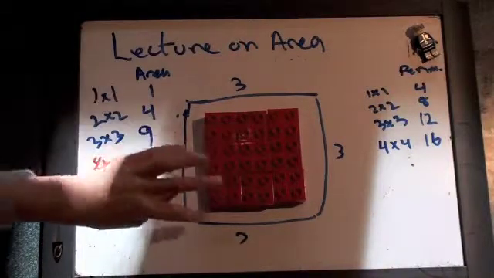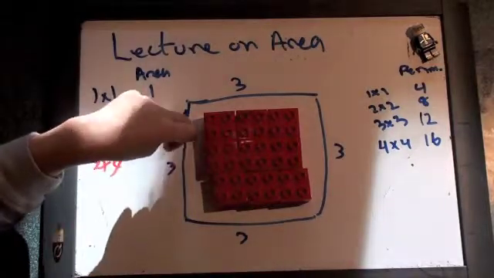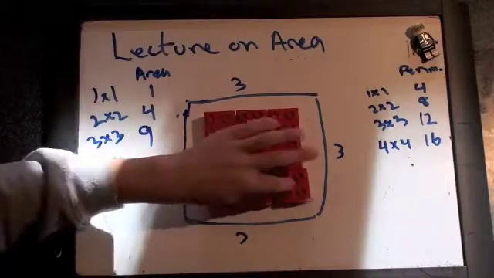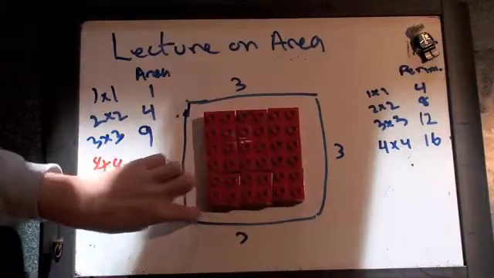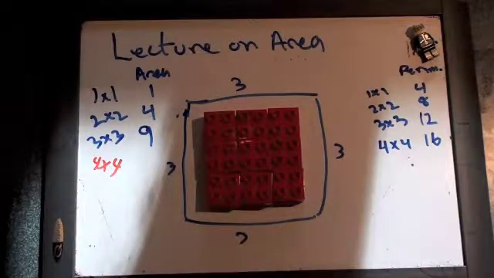So we're probably just going to add another row down there. No, we're going to go around the outside. Right. So that's going to take 1, 2, 3, 4, 7. It's going to take 7 more. So what do you think the area is going to be? 16. Okay, so let's take a look.